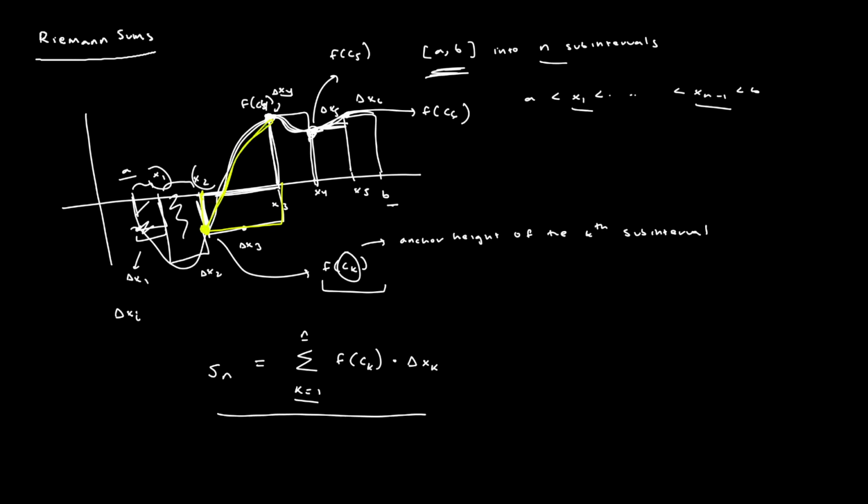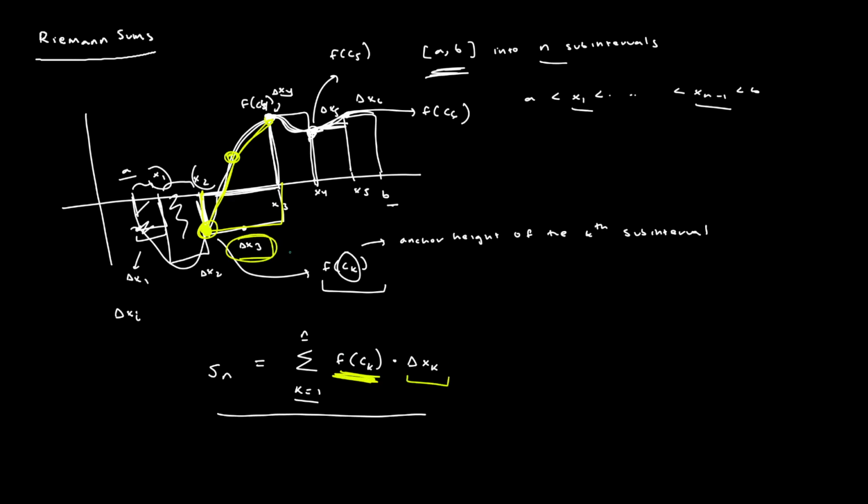I could have chosen a particular point on this curve to be my height point. So f of ck is just my height point. I could have chosen this point over here, or something over here, and that's fine as well. That serves as our height point.